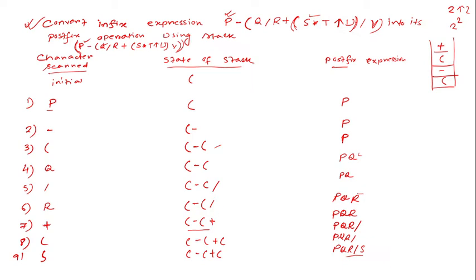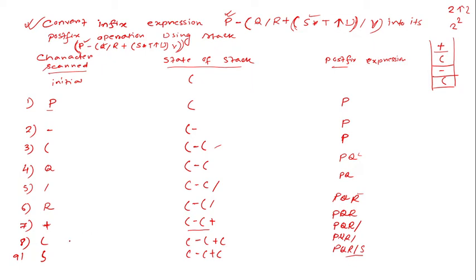The division operator has higher precedence than the plus operator, that's why we need to pop the division operator from the stack and store it in the postfix expression. So pqr slash, and after that we are storing this plus operator here.